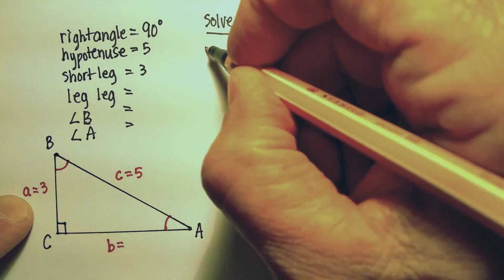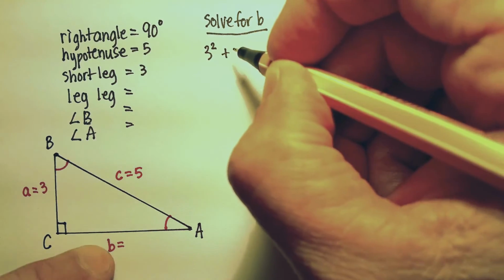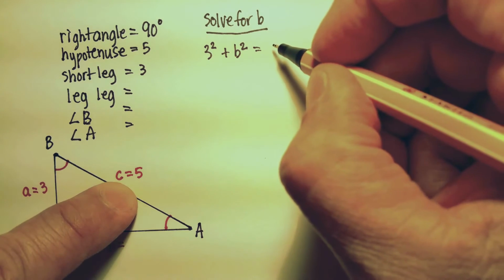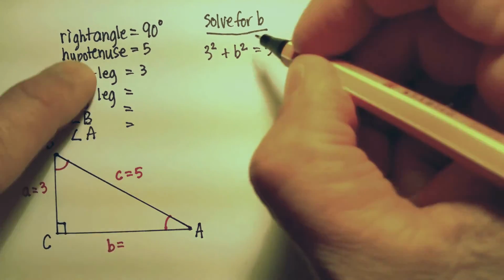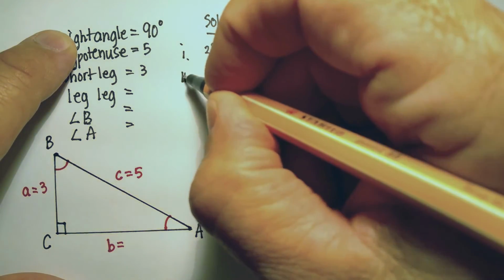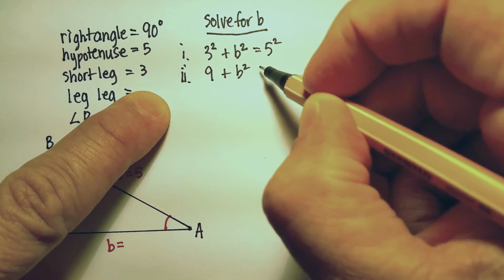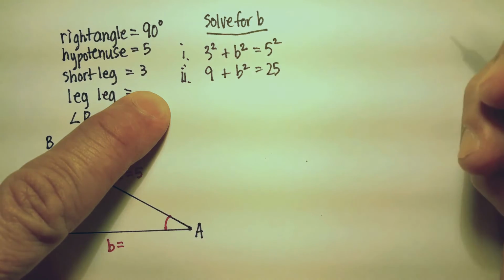So I know that 3 squared plus B squared is equal to hypotenuse squared. Let's solve. That gives me 9 plus B squared is equal to 25.